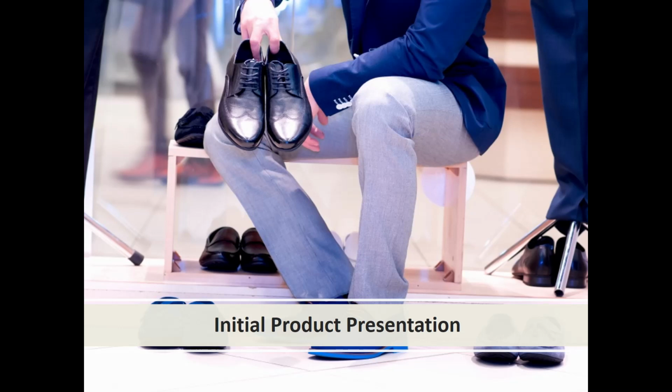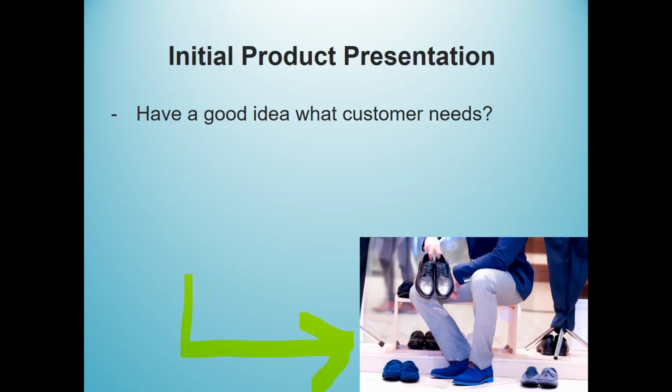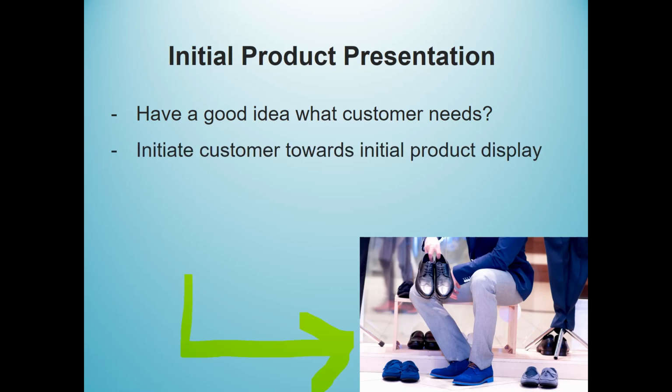And the next step is initial product presentation. At this stage, you have a good idea what the customer needs after asking all those questions. If you don't, that means you haven't asked enough questions or the right questions. So initiate the customer towards initial product display.